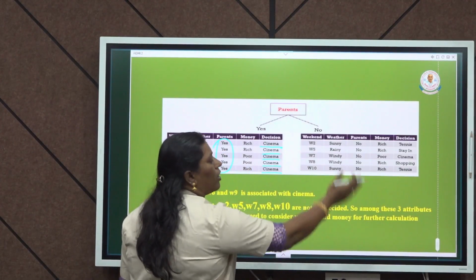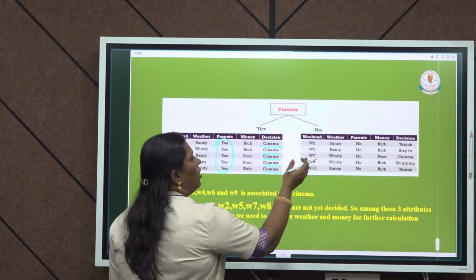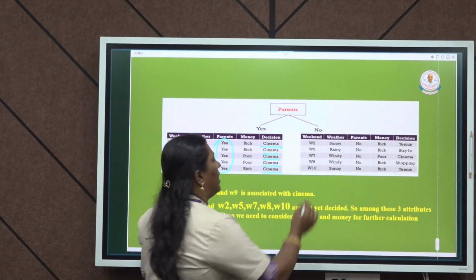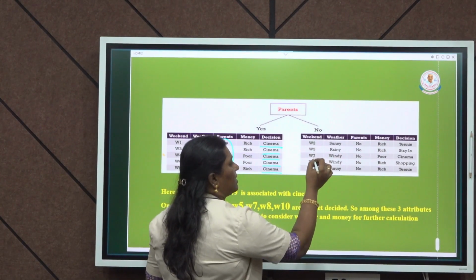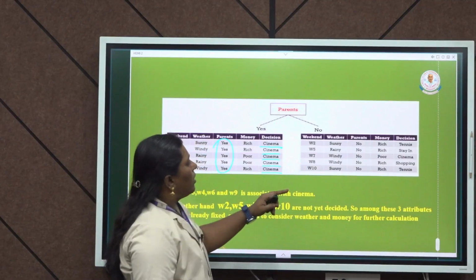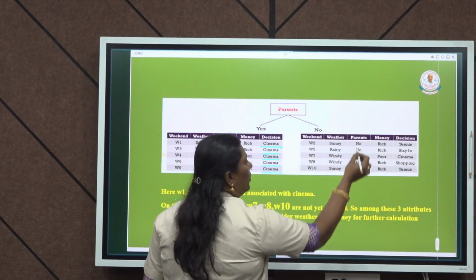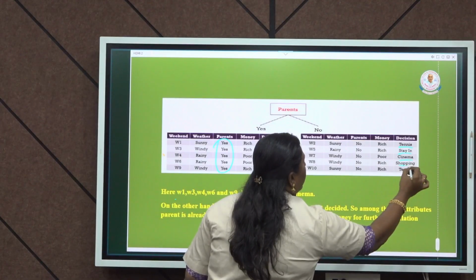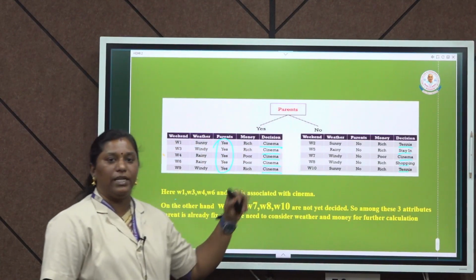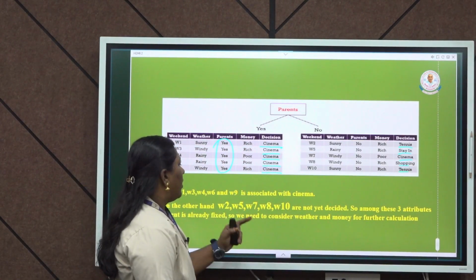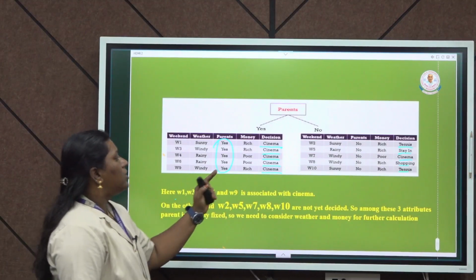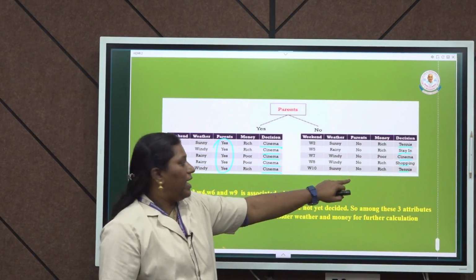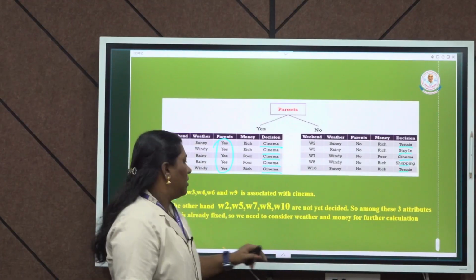Next, let us move on to the no branch, where 5 instances are considered: week 2, week 5, week 7, week 8 and week 10. When the parent is no, there are a number of different outputs, so it has to be split further.